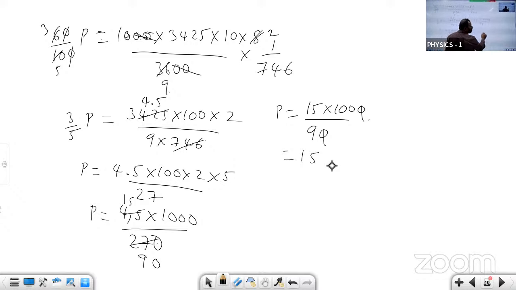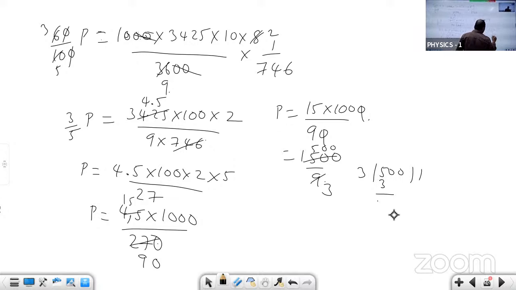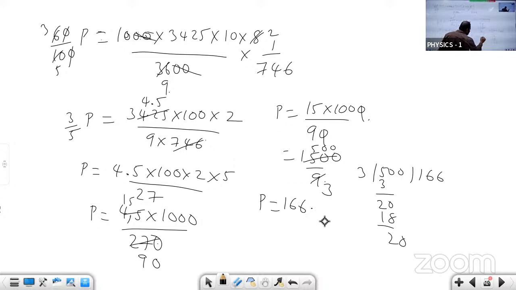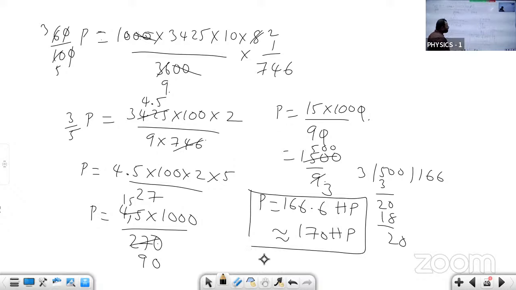Okay, 1500 divided by 9. So, students, P equals 166.6 horsepower. This answer, approximately, you can take in the examination as 170 HP. No problem. This is the power of the motor in horsepower.